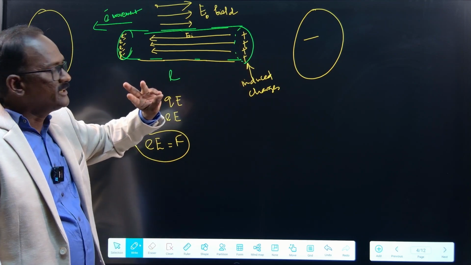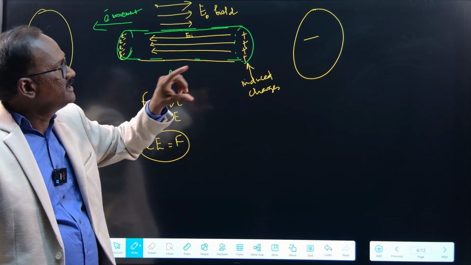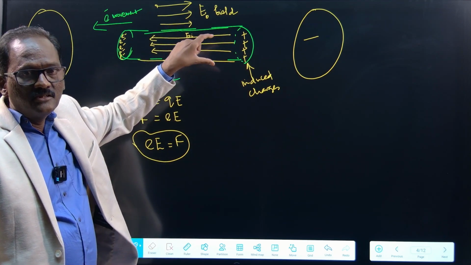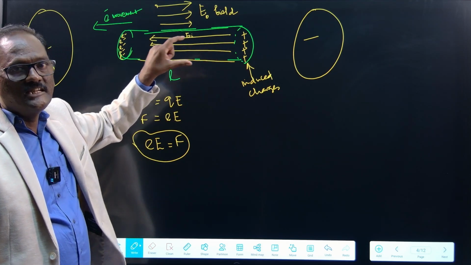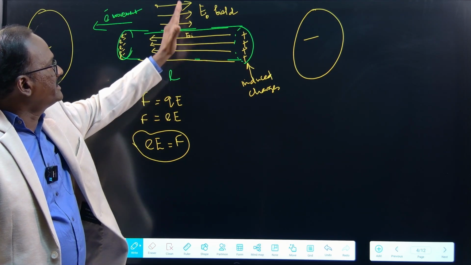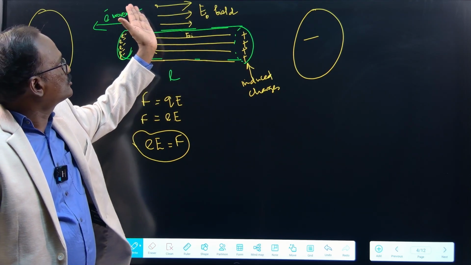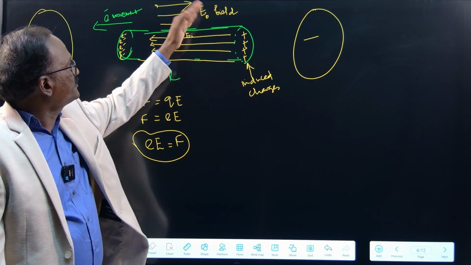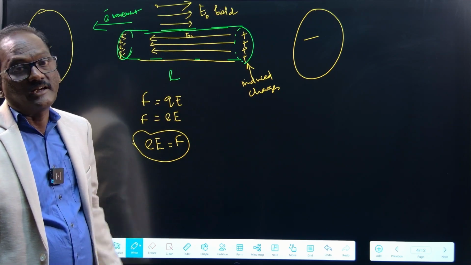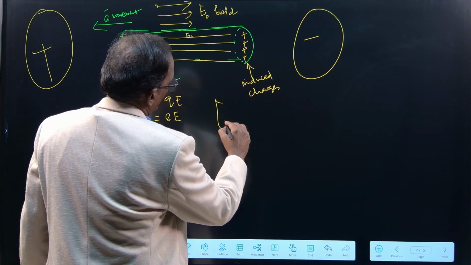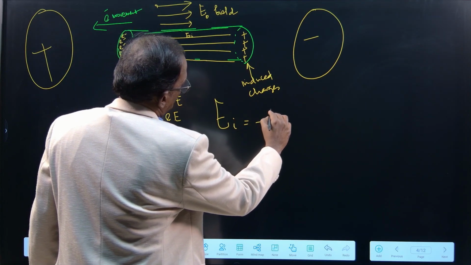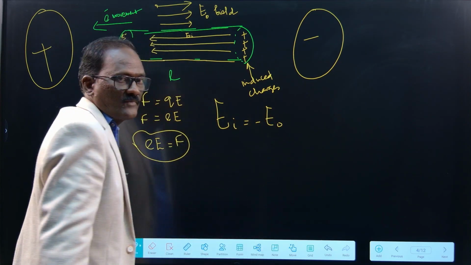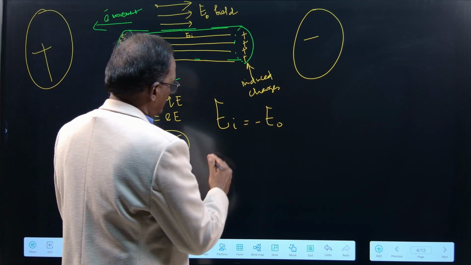They are known as accumulated charges or induced charges. These charges make an internal electric field, EI, in the opposite direction, going from right to left. So EI can be written as minus EO. So it is cancelling.